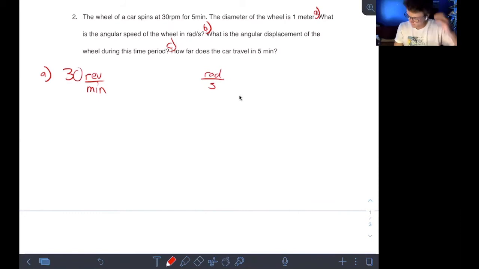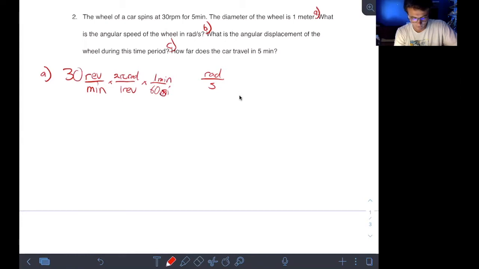Well, we could do a unit conversion, right? We know that one revolution around a unit circle is 2 pi radians. And then we know there are 60 seconds in 1 minute.